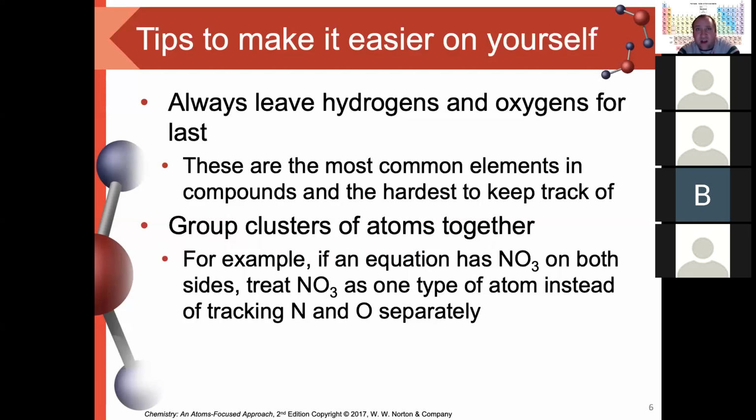You tend to find hydrogens and oxygens in lots of things, oxygens especially. And so the first tip is this: leave those till the end. Chances are, once you've balanced everything else, hydrogen and oxygen tend to take care of themselves. And if they don't take care of themselves entirely, it becomes really easy to see how to take care of it.